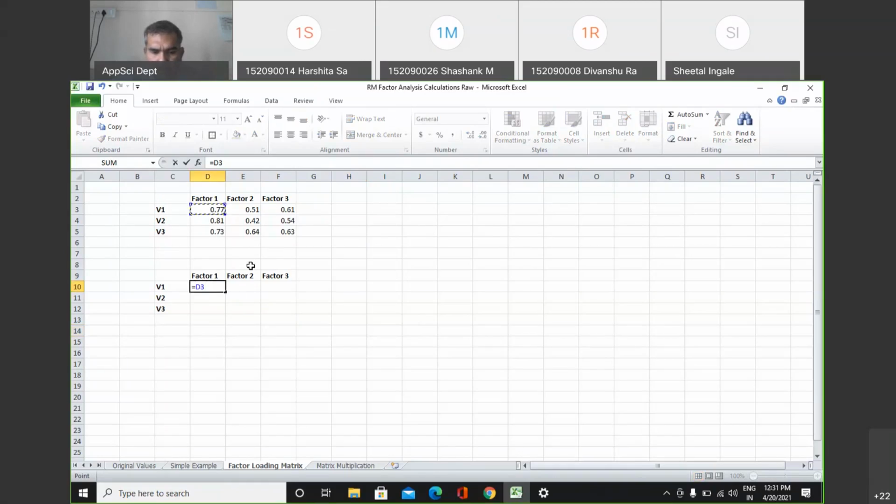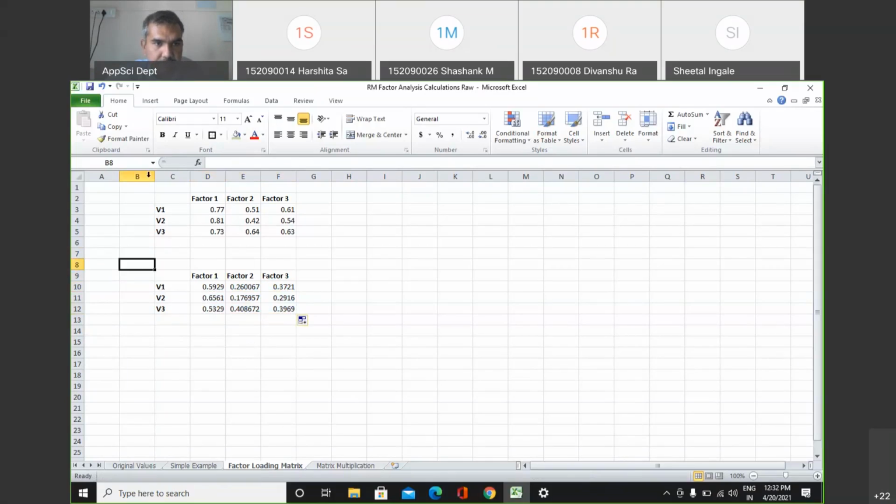Where is that signal here? Yeah, hope it works. Otherwise, okay, it is the same, right? Okay. This is called the factor loading matrix.